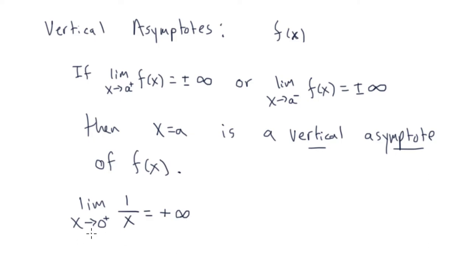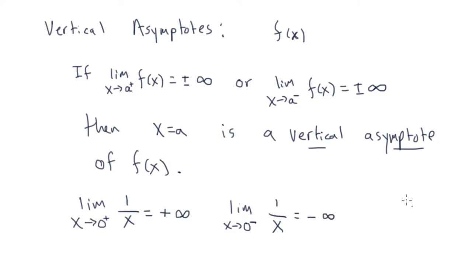So as x approaches 0 from the right, 1 over x is going to positive infinity. Also, if you just know what the graph of 1 over x looks like, this is not too hard. And similarly, by similar reasoning, except now if I go to 0 from the left, my small numbers are remaining negative. So when I flip them, I'm getting a big number, but that big number is remaining negative.